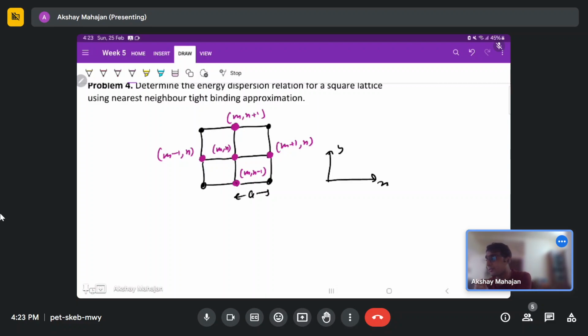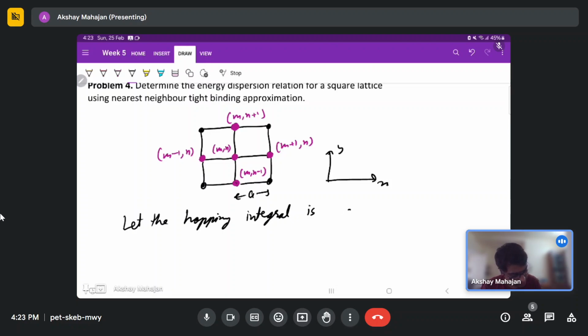Now let the hopping integral be minus t.